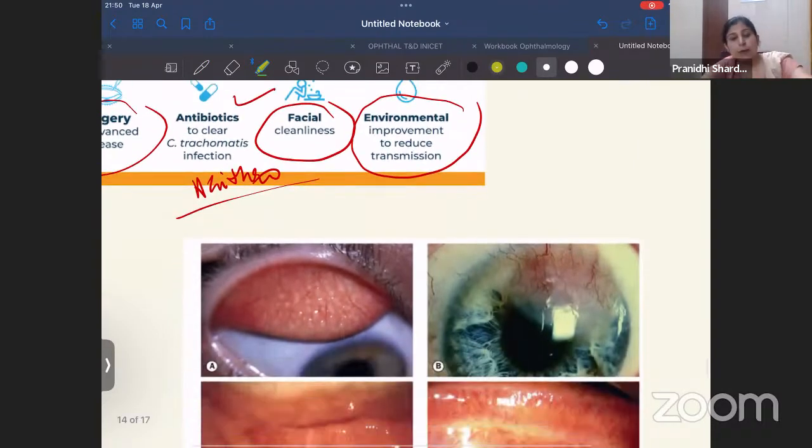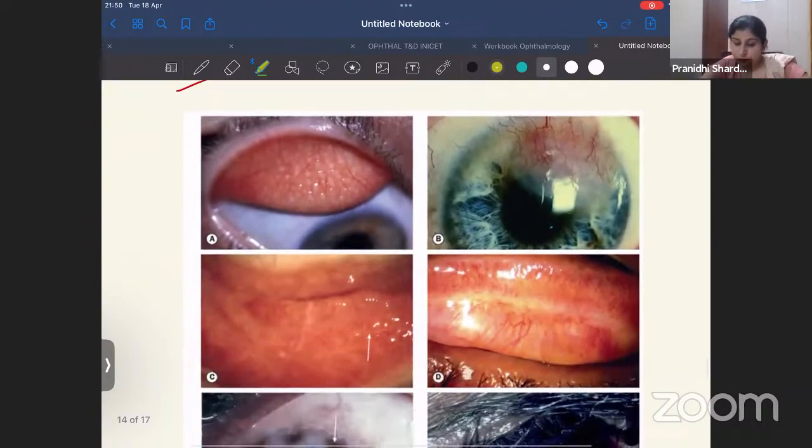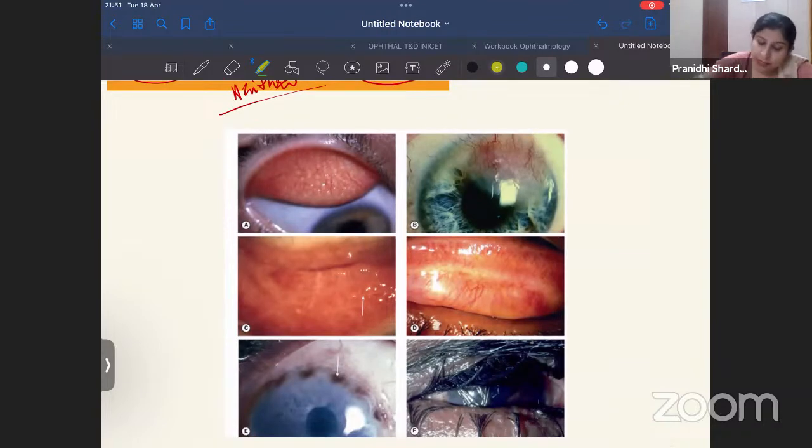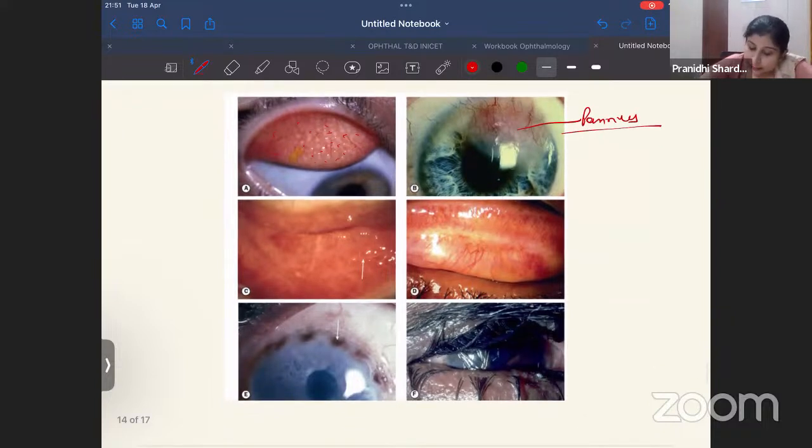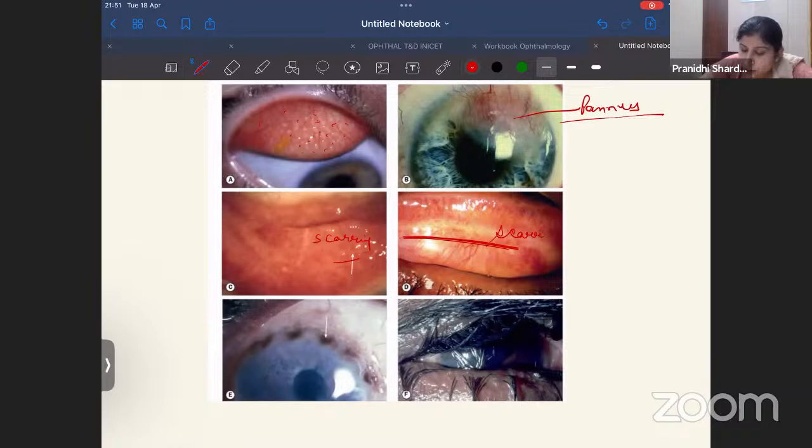Some of the image-based signs seen in trachoma: these are the follicles seen on the conjunctiva, sago-grain follicles. This is the pannus, where there is new vascularization in the cornea. In this image, conjunctival scarring is clearly seen, known by the name of Arlt's line.